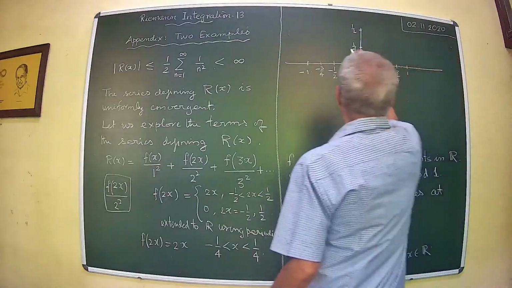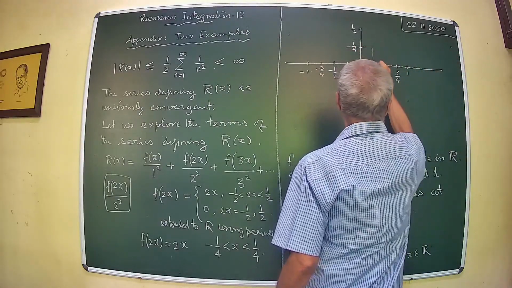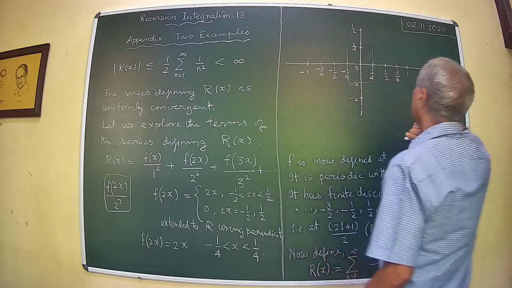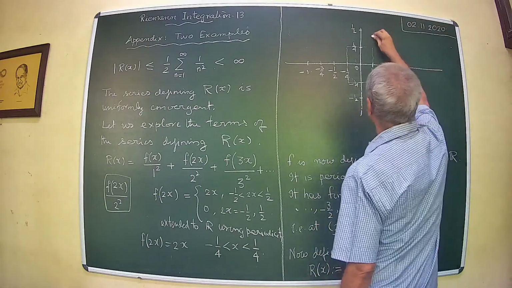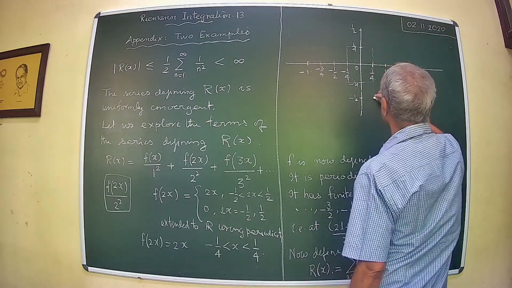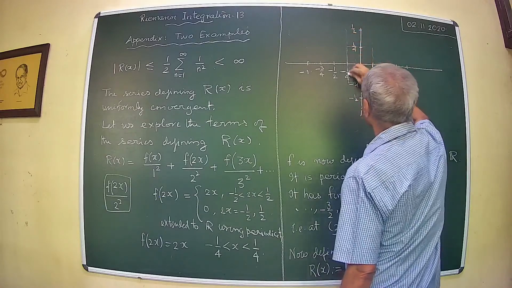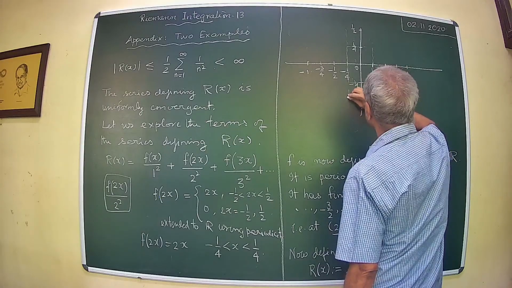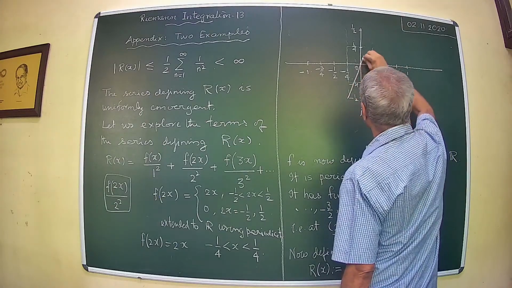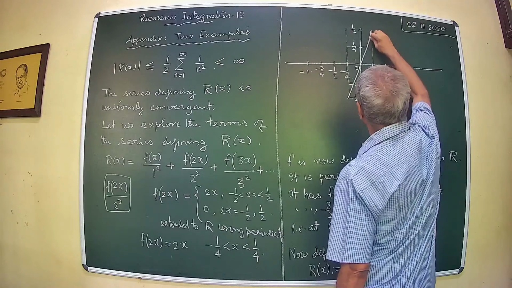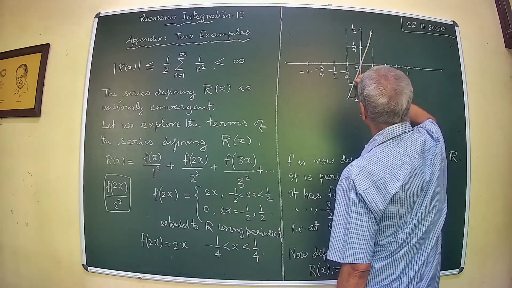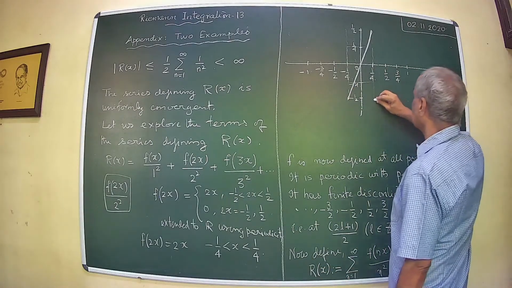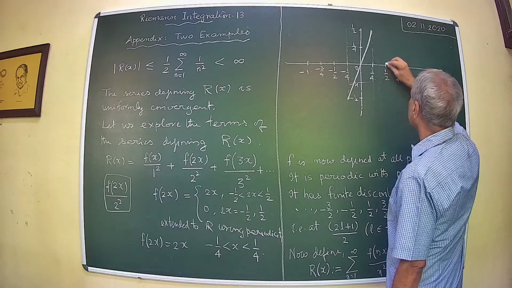So the first block in which the function is defined is between minus 1 by 4 and plus 1 by 4. And there you see that the function changes between them. And then of course the function is further defined like this.